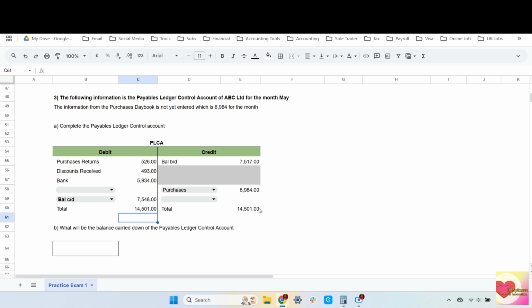Now that the totals of the debit and credit are equal, it means this balance carried down is correct. So let's enter this amount.